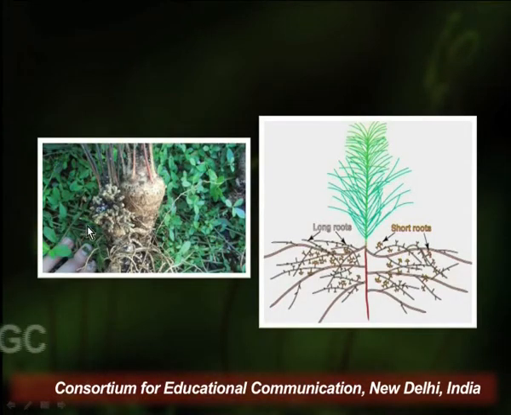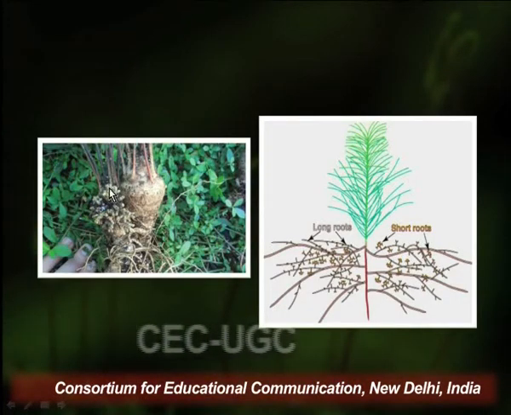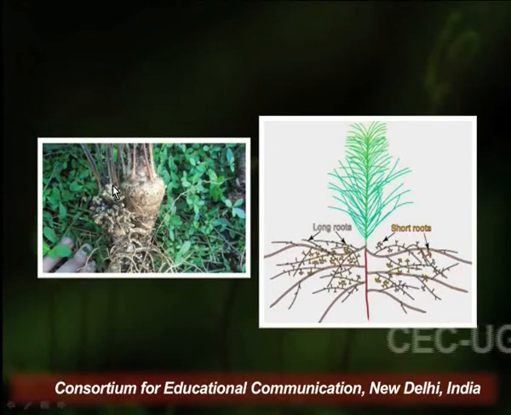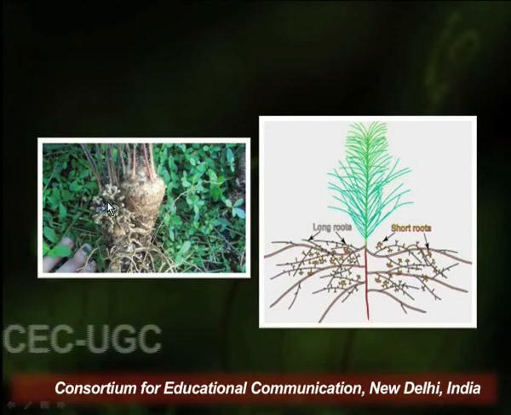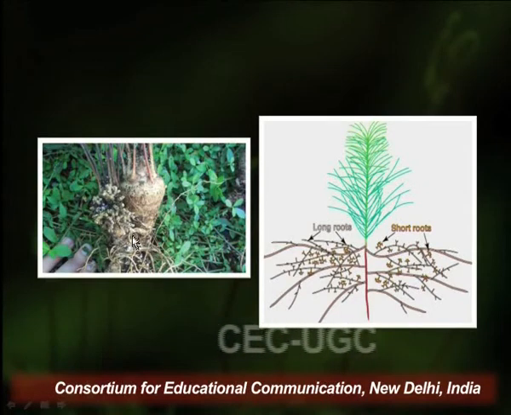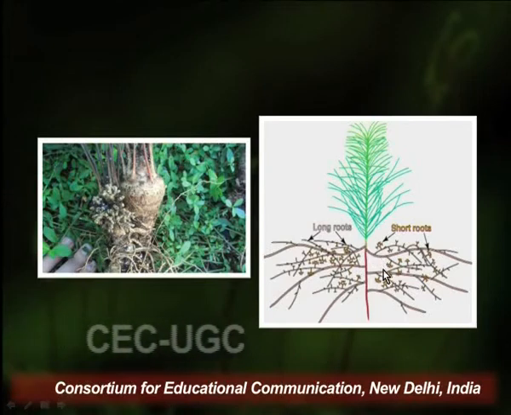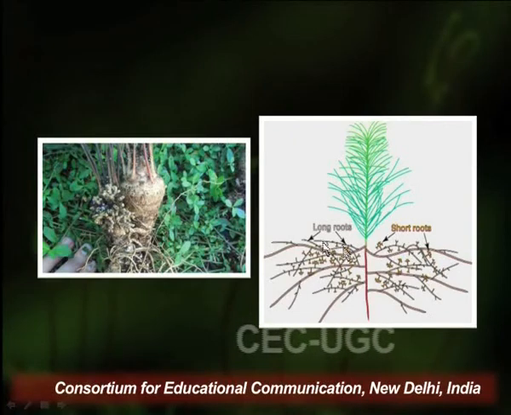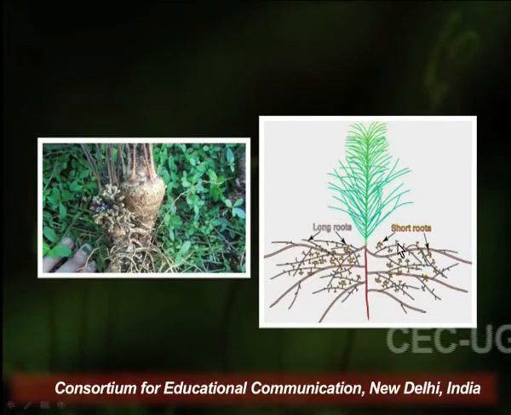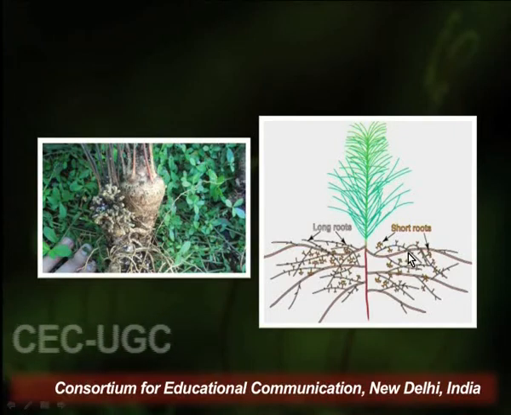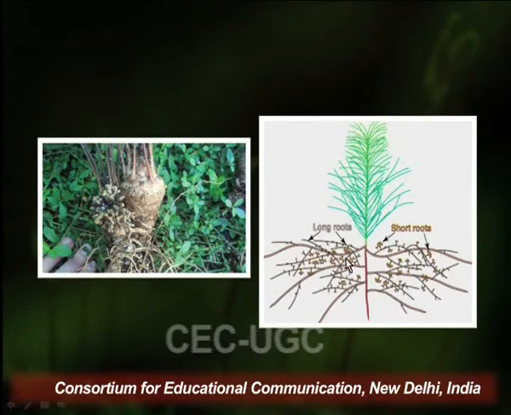In the picture you can see mycorrhizal roots and a coralloid root. Here the roots look like corals, and that is why the term coralloid has been given to such kind of roots. And here you can see the long roots and short roots, and each of these roots has a mycorrhizal association. They are generally found in conifers.